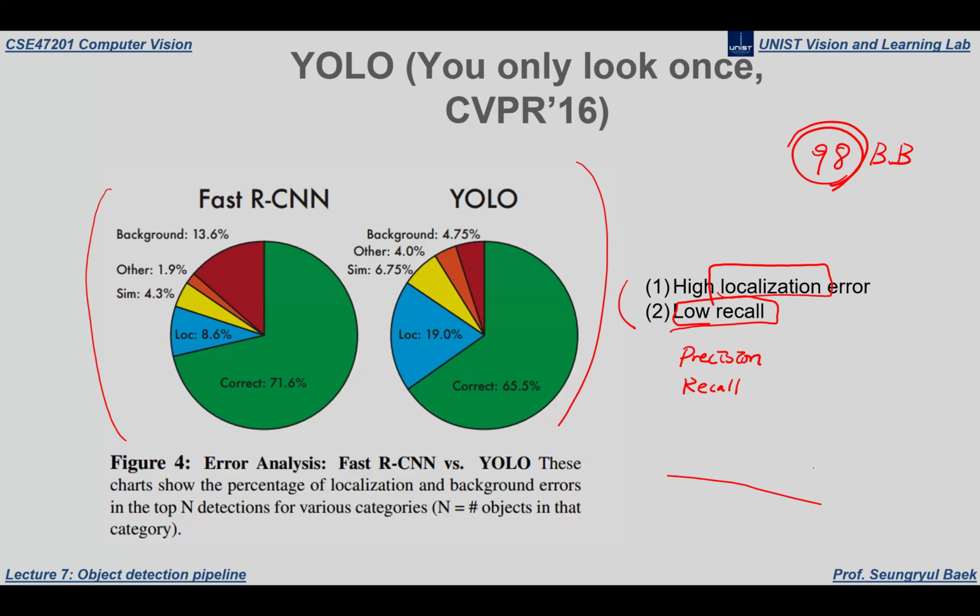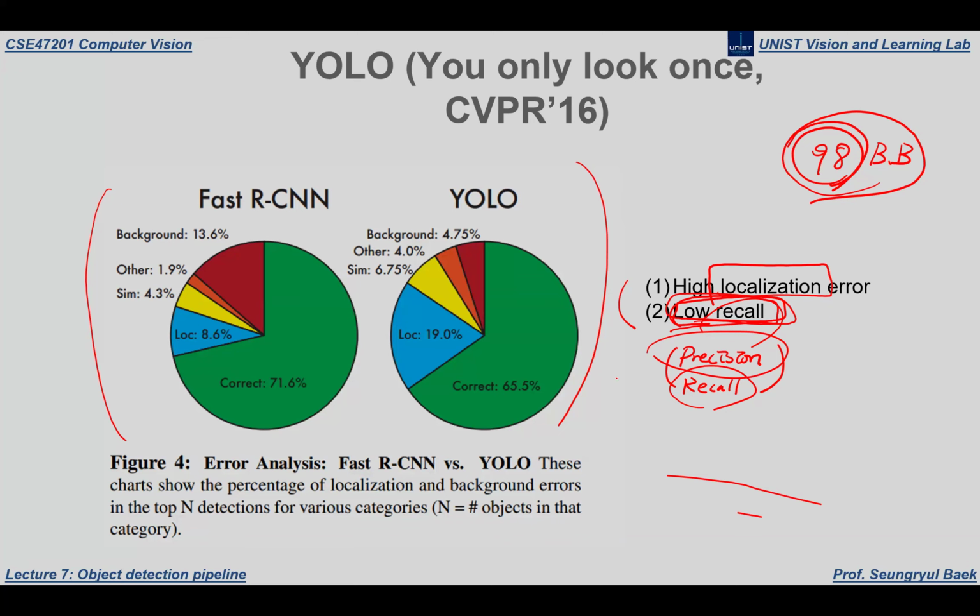Anyways, it has low recall, and that's because of this limitation, because it has a smaller number of bounding boxes. Even though it cannot capture some objects inside an image, that is not reflected in the precision.